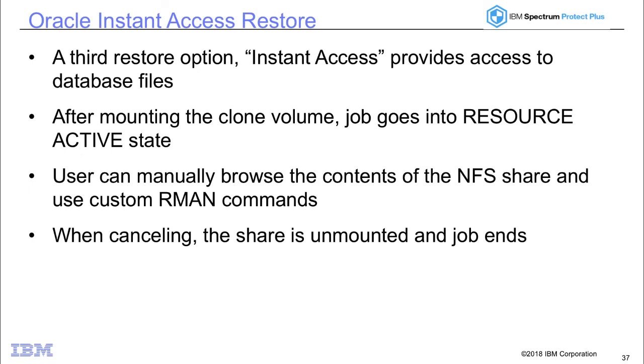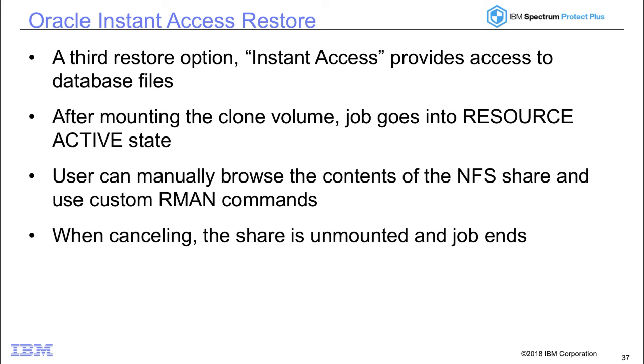Okay, and finally, just like in SQL Server, there is a third option for Oracle, the Instant Access Restore. And this option just gives you access to the backup files.